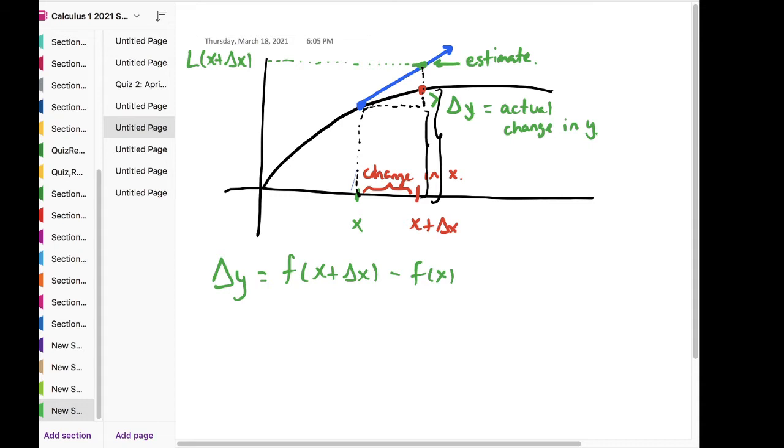You see why that's this little gap here? Okay, so that's what we define delta y as. So the actual change in y from one value to another. And that's what this is, right? This is the change in y.